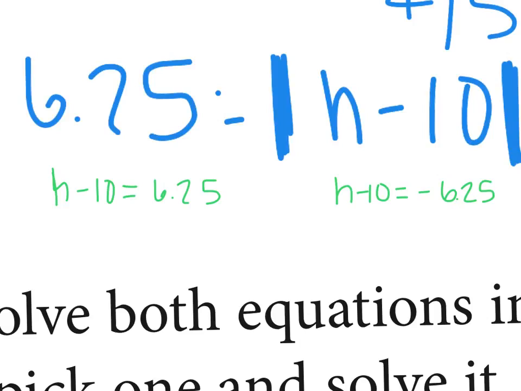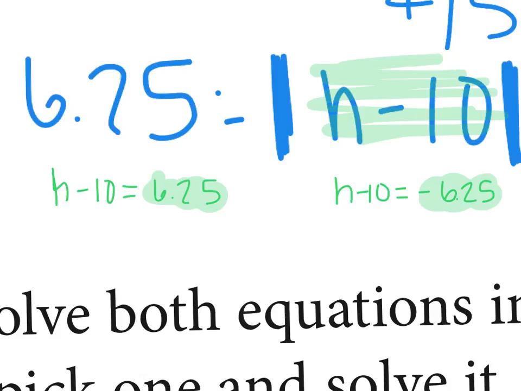Because remember, what's inside the absolute value symbols, which in this case is my H minus 10, can either be positive or it can be negative. It's going to work out no matter what.